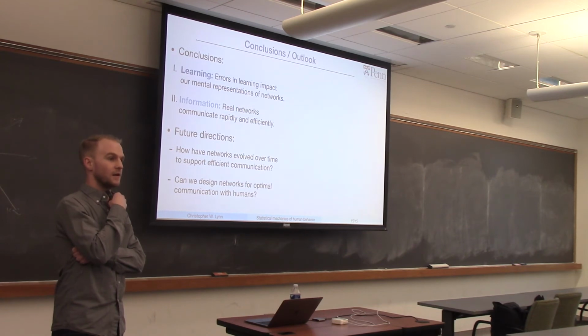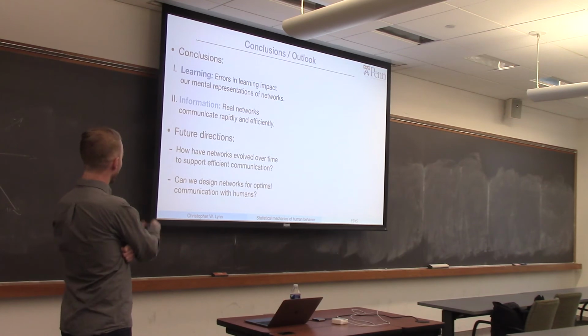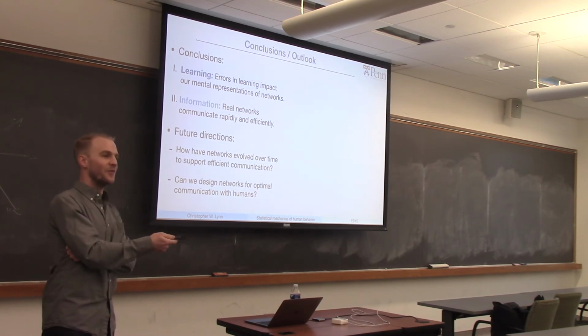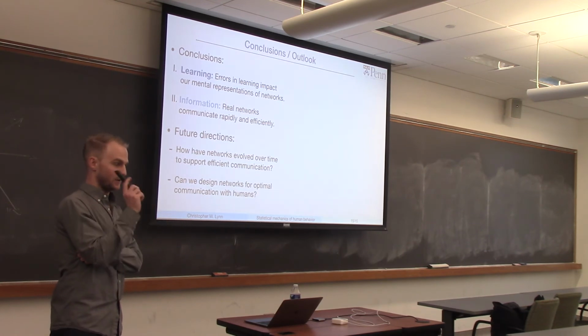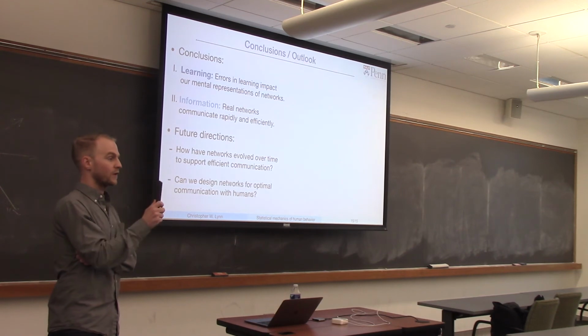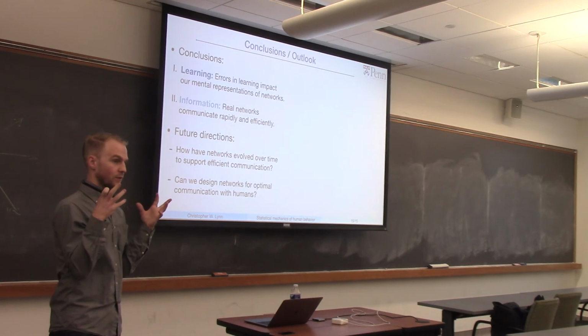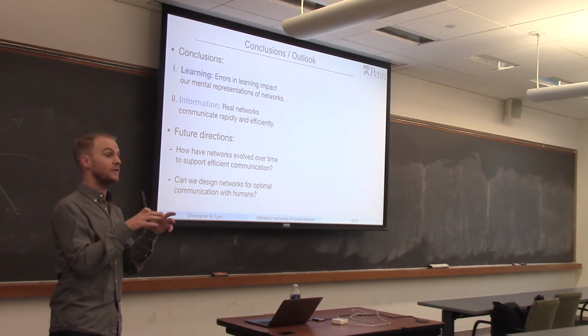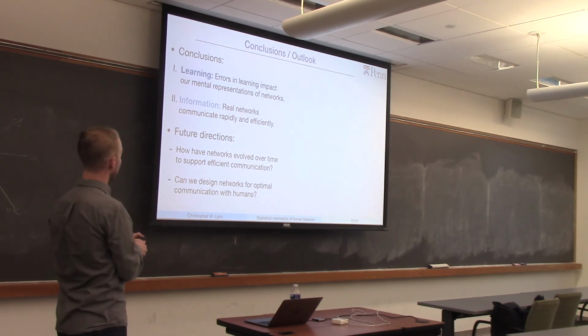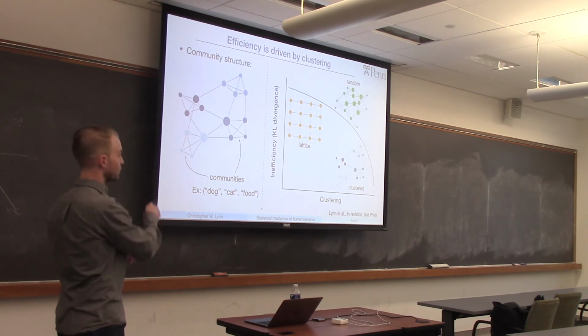Exactly. And the word condensed, that's actually another direction I should have added. But that is exactly what we think is going on: networks that are more compressible, in an information theoretic sense or in a computer science sense. We think people are basically trying to learn compressed versions of these networks. So we see that these modular networks are more efficient.